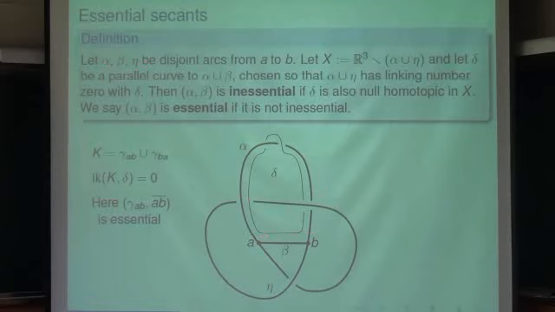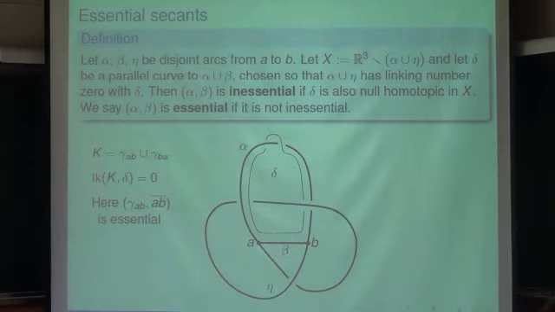And I want to take this curve delta, and I want this to be parallel to alpha union beta. So parallel means this is a nice embedded annulus, because it's a bit hard to talk about parallel when you have corners, but we can understand what this means. And I want this parallel curve delta to have zero linking number.